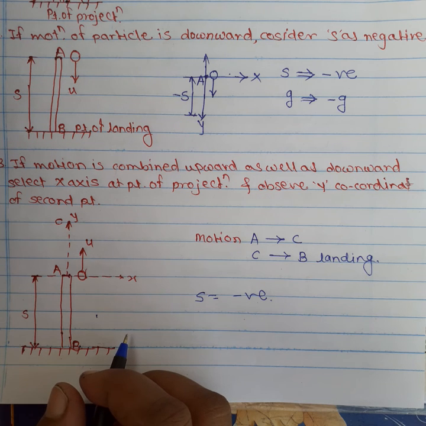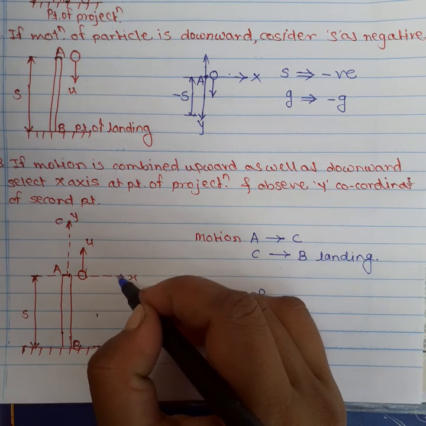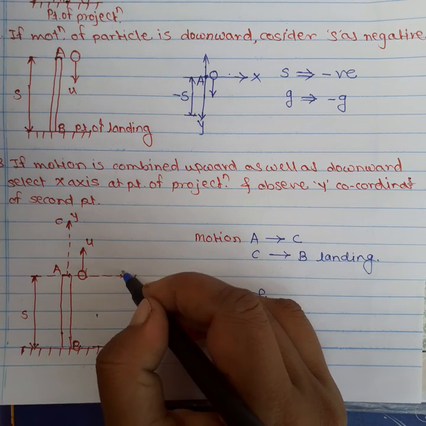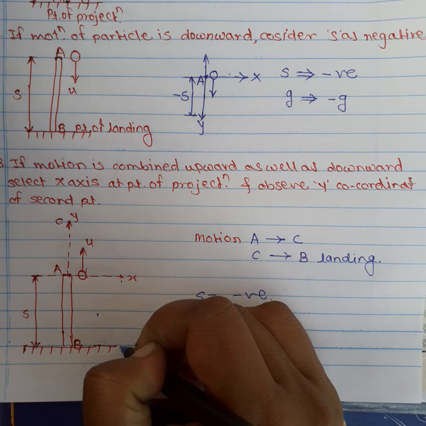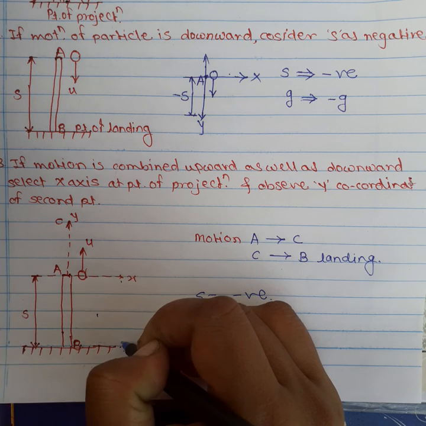Its displacement is 0, and then its displacement is minus or negative to the ground. This distance from the top of the tower to the ground is nothing but the negative displacement.